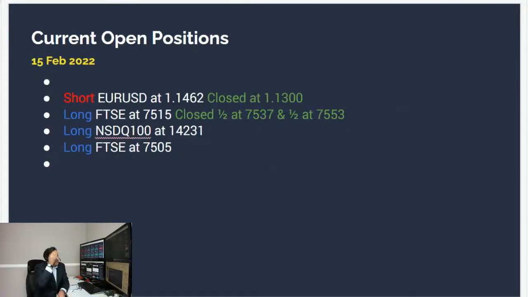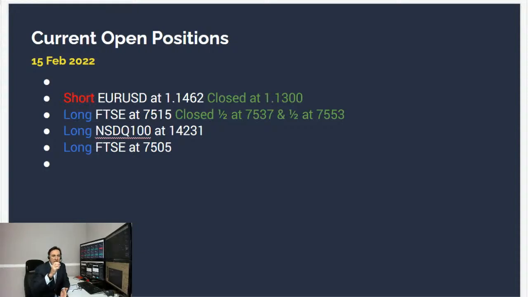Now, let me talk to you about a few trades that I have currently open or that I've closed since yesterday. For those of you who watched the session yesterday, you know I was short euro dollar from 114.62 and I was looking at the 113 level as a kind of breakout to the downside.